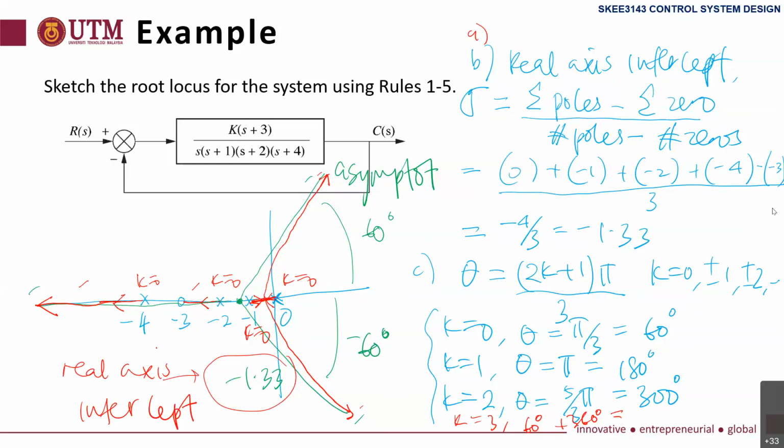As Kelvin asked, the denominator 3 here is from the formula. The formula is actually the number of poles minus the number of zeros. 4 minus 1. You can see it in the formula that I gave yesterday.